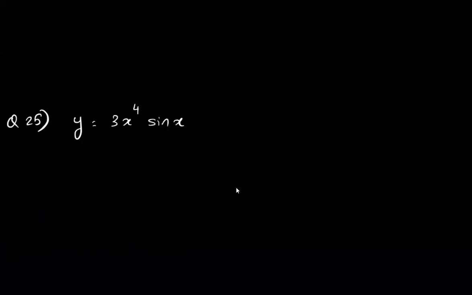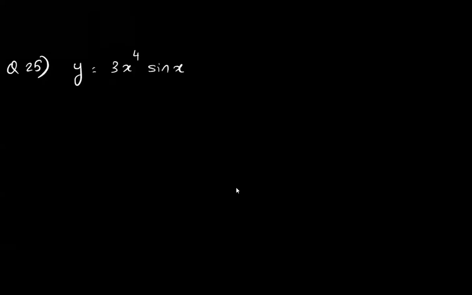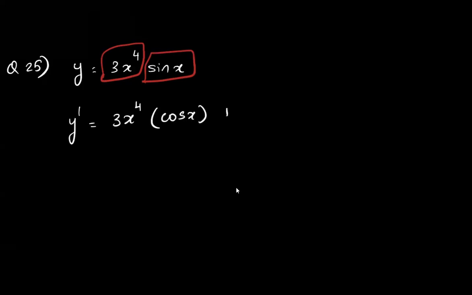All right. So in the next problem, you are asked to find the derivative. And here you have a product of two things. We have the product of this and this. So we have to use the product rule. When you use the product rule, I keep the first term as is, multiply by the derivative of the second. The derivative of sine x is cosine x, plus I keep the second term as is, and I multiply it by the derivative of the first, which is 12x cubed.